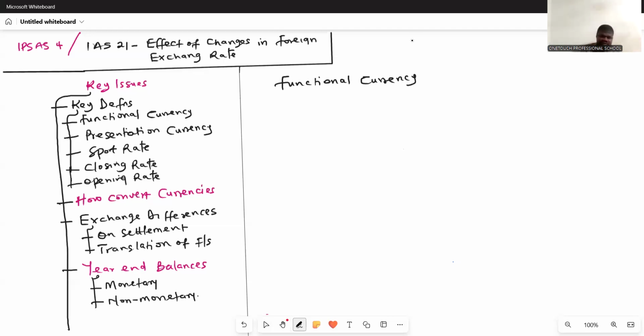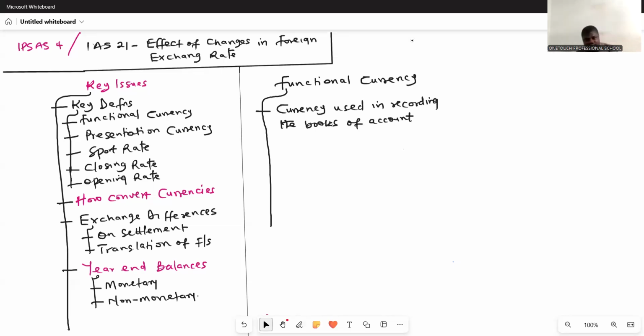Functional currency is the currency used in recording the day-to-day activities of the entity, the currency used in recording the books of accounts.